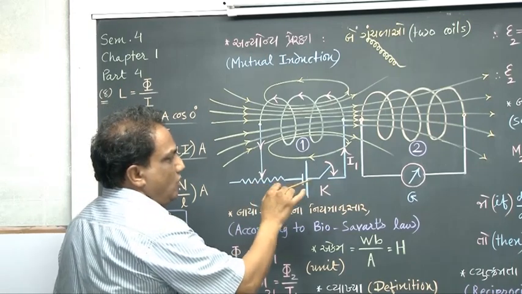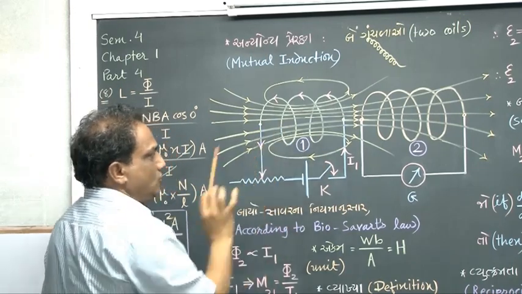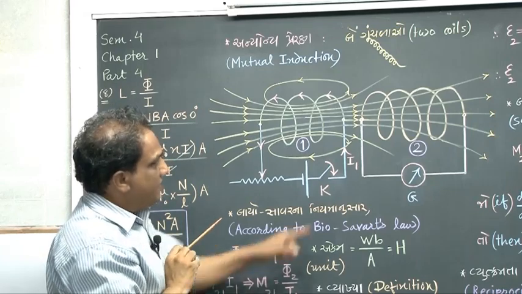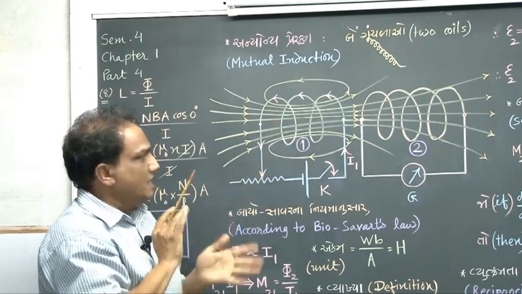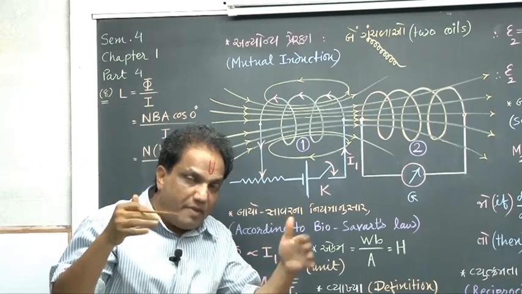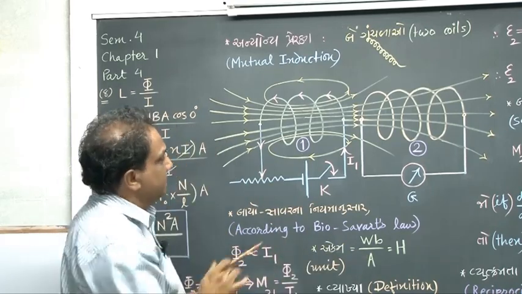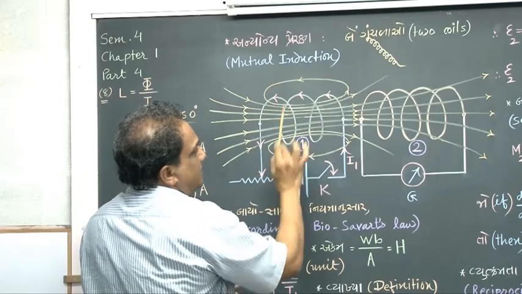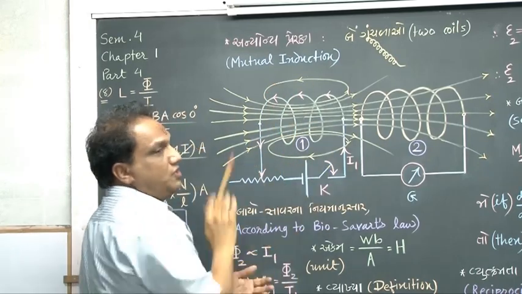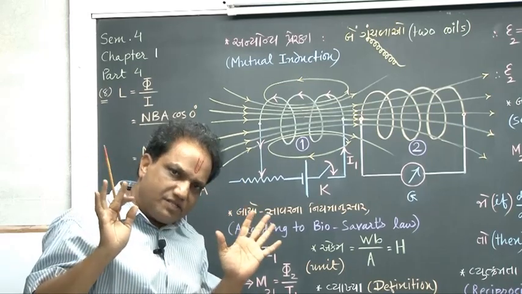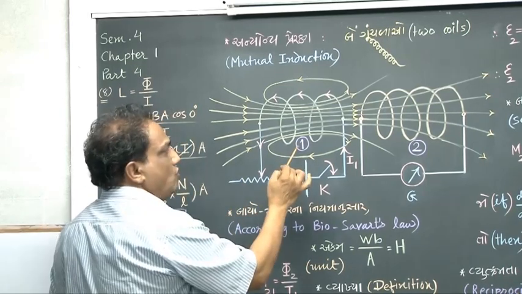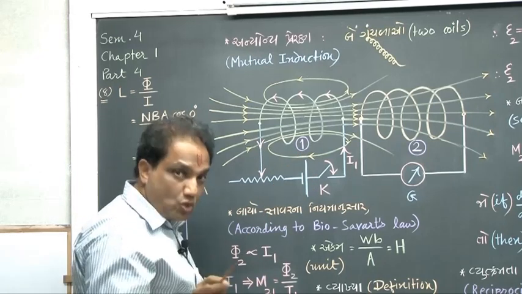The path will be closed, and through this closed path, when current is passing, that current would produce its own magnetic field. Fine. And the magnetic field lines of that magnetic field I have shown in the diagram. You can see all the magnetic field lines are definitely passing through coil number 1. That is true.